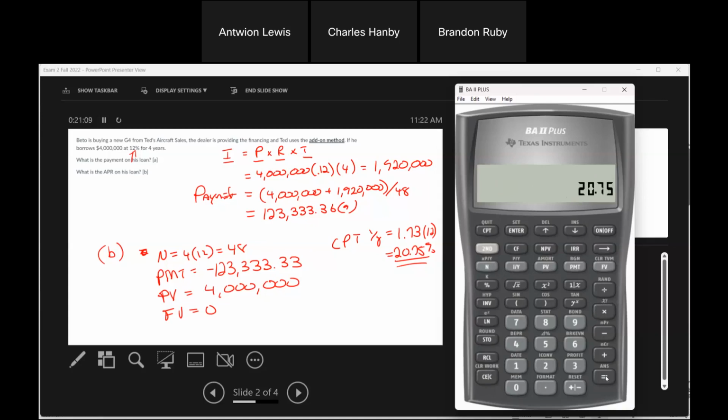So is the add-on method the same thing as when people say a simple interest loan, or is that two different things? You're just saying it's an interest rate of 12% times 4 years.